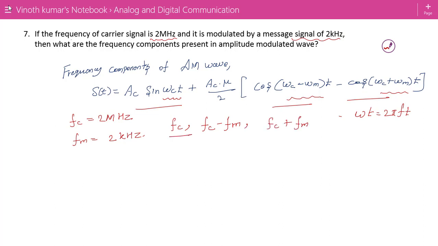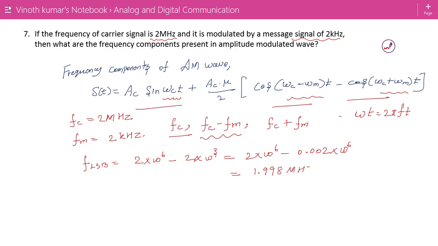So fc we know. The frequency of the lower sideband, fc minus fm, is 2 into 10 to the power 6 minus 2 into 10 to the power 3, that is equal to 2 into 10 to the power 6 minus 0.002, which is 1.998 megahertz. The frequency of the upper sideband is 2 into 10 to the power 6 plus 2 into 10 to the power 3.